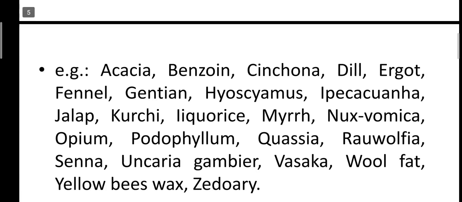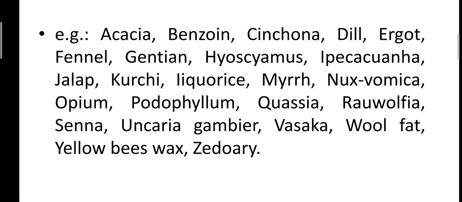Examples that come under alphabetical: acacia. Alphabetical means like A, B, C, D in English or Latin terms. A for acacia, benzoin, cinchona, dill, ergot, phenol, gentian, hyoscyamus, ipecacuanha, jalap, kurchi, licorice, myrrh, nux vomica, opium, podophyllum, quillaia, rauwolfia, senna, uncaria gambier, vasaka, wool fat, yellow beeswax, and zedoary.